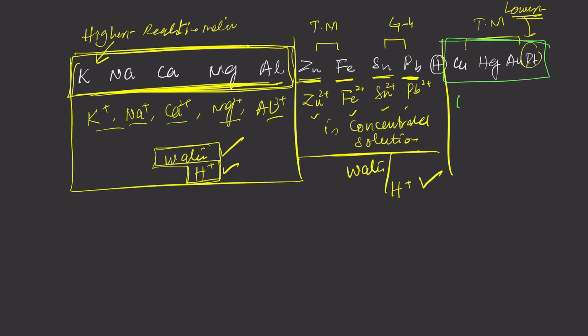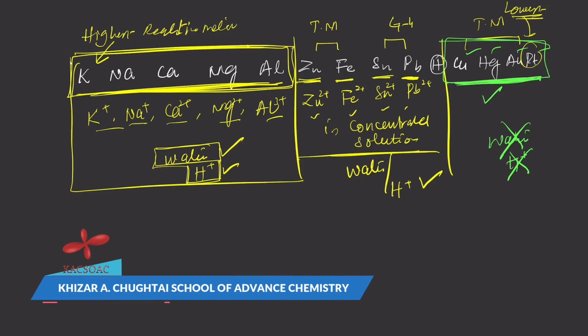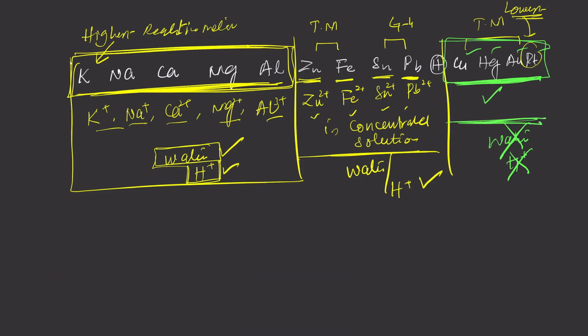Ions of this compartment, copper ion, mercury ion, aurum ion, and platinum ion, will go by themselves. Water cannot be the winner. H positive ion cannot receive the electron if any ion from this compartment is present in the solution. So they are always winners.